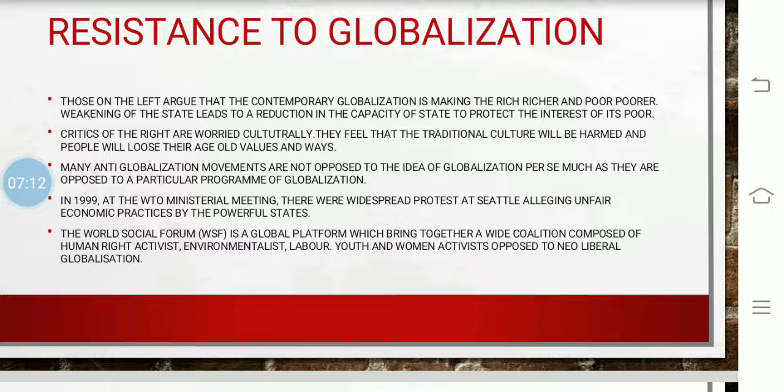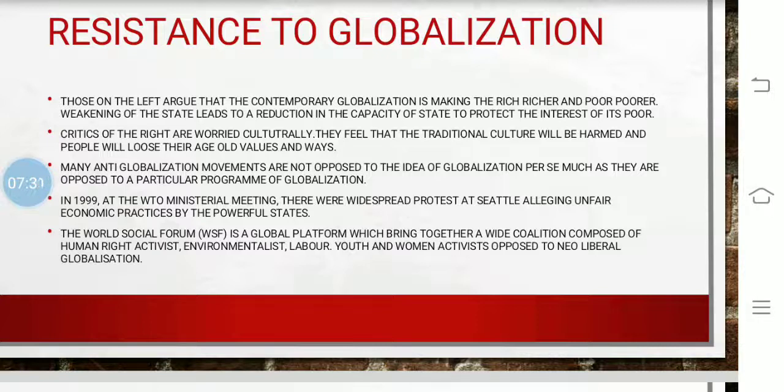There are some, the people on the left side, they argue, because there is an ideology. The people on the left focus on equality. They focus that everyone should be equal. There should not be any class division.